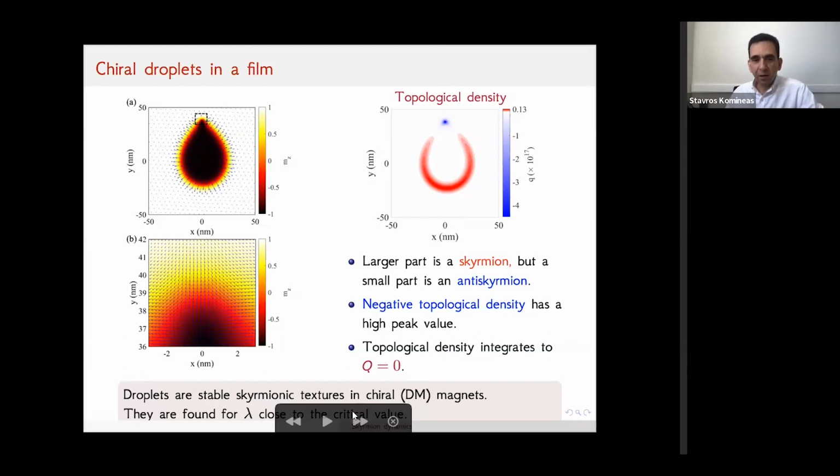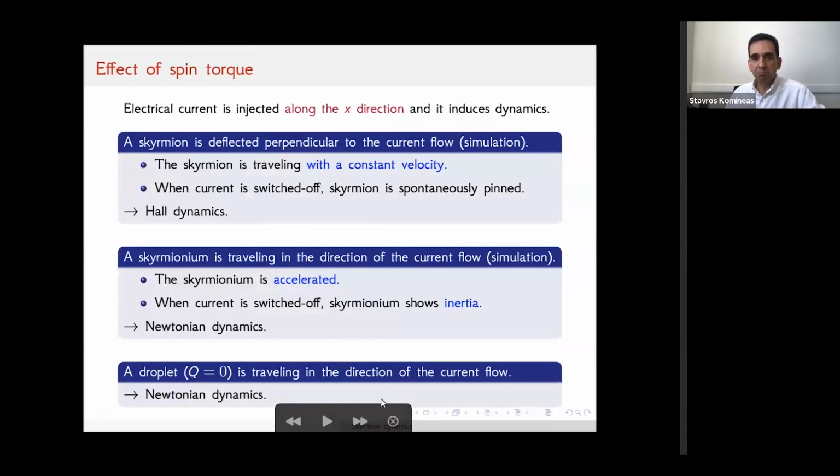And you can ask, well, okay, now earlier we had general results about the dynamics of topological or topologically trivial skyrmions. Do they apply here? So we saw earlier that the skyrmion is deflected perpendicular to... Excuse me, I have to repeat.